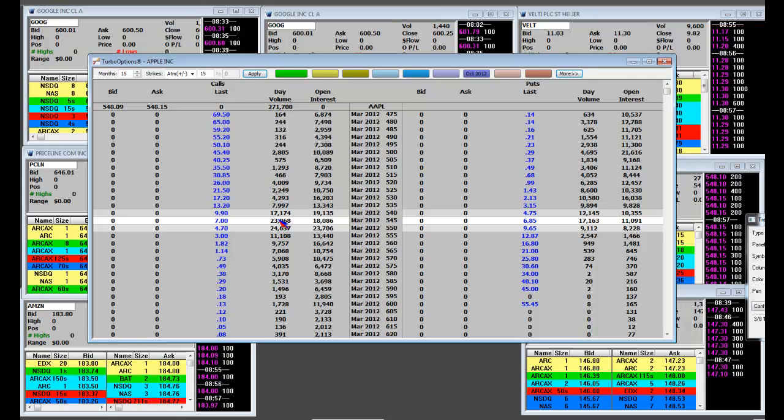So we're going to be watching these calls for one reason: to see how much premium they steal out of the price, as far as both the call side and the put side, MMTs.